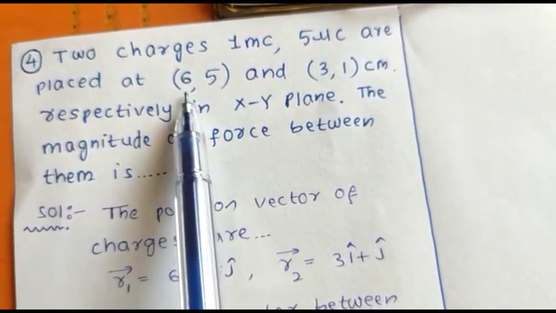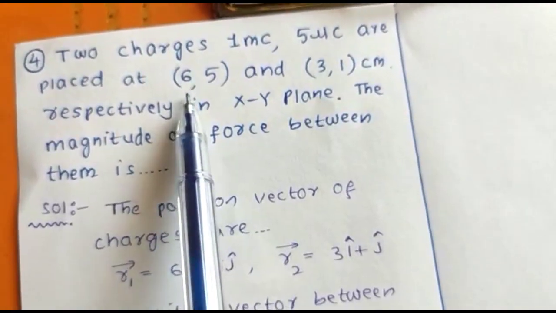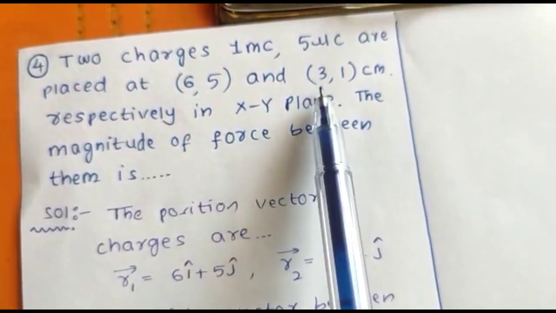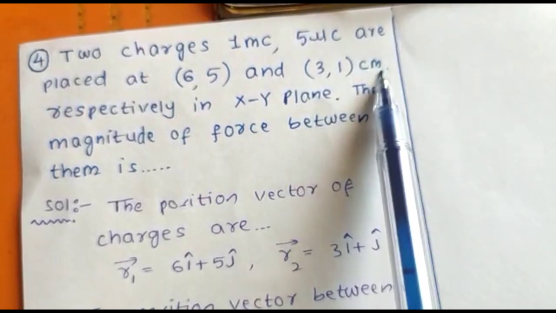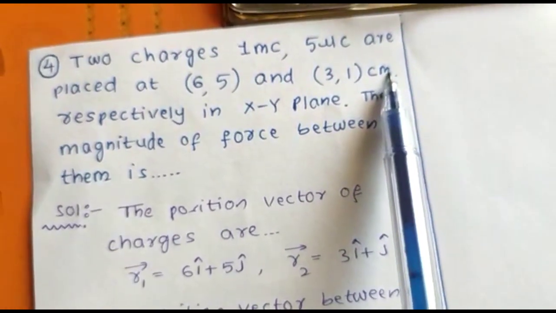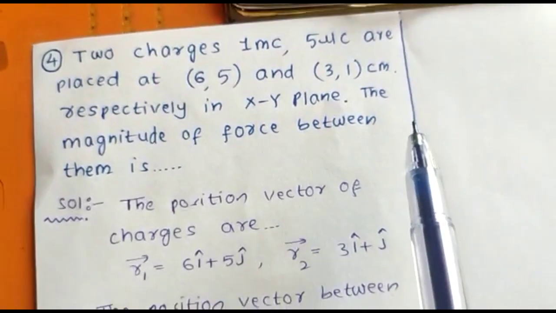The coordinates, 6, 5 for the first charge and 3, 1 for the second, are given in centimeters. Please keep in mind they are not in meters. Therefore, we have to take care of units particularly.